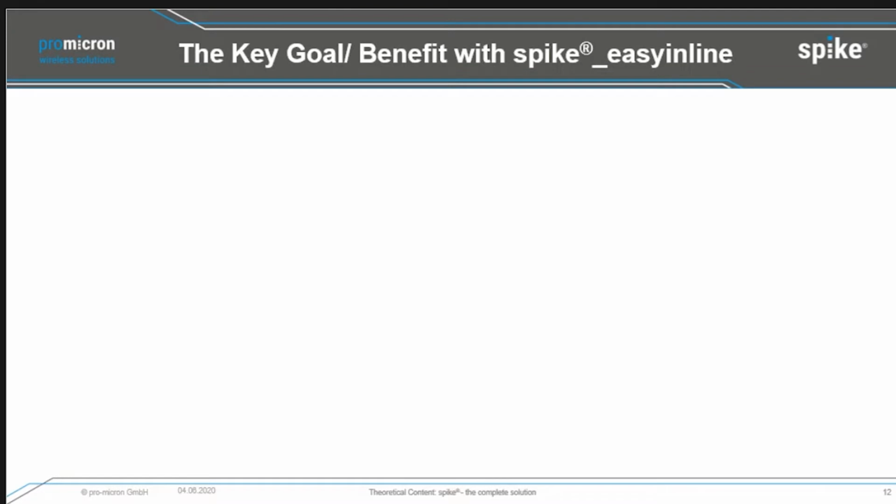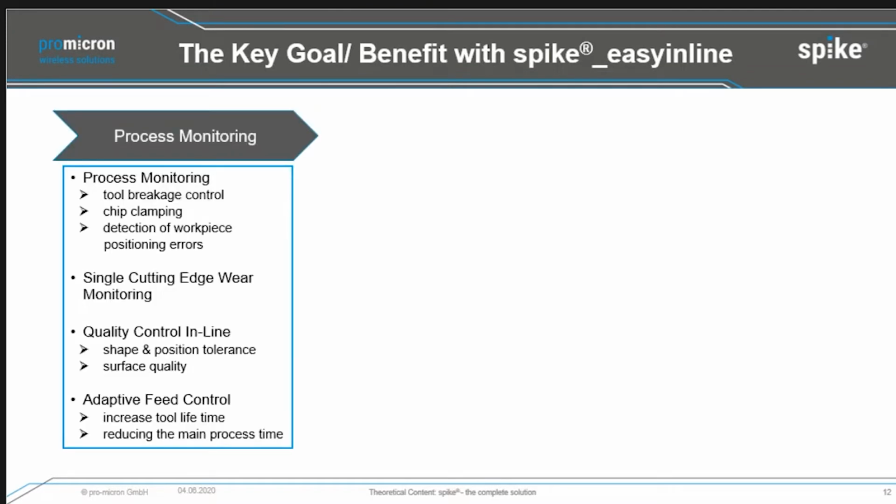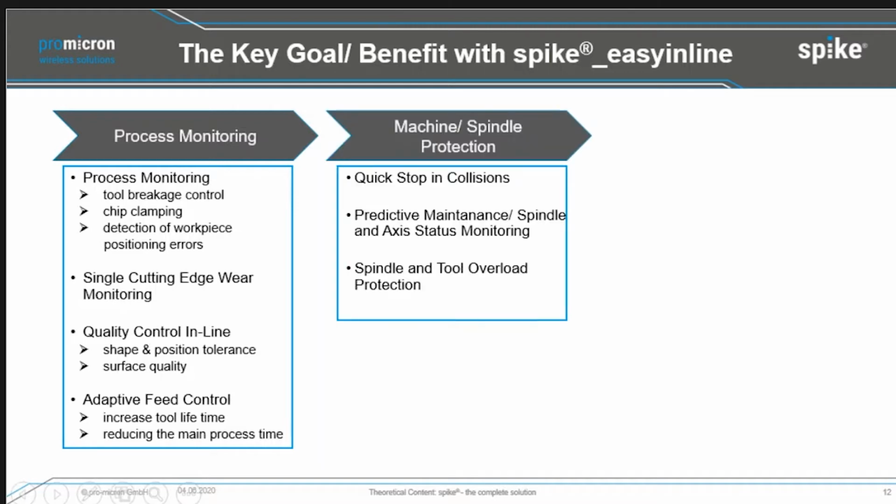We've already heard it before, but I just want to quickly recap the key goal and key benefits of Spike Easy Inline. As said, we have the process monitoring: monitoring of tool breakage, chip clamping, detection of workpiece positioning errors, single cutting edge wear monitoring, inline quality control, adaptive feed rate, such things that are directly related to our process.